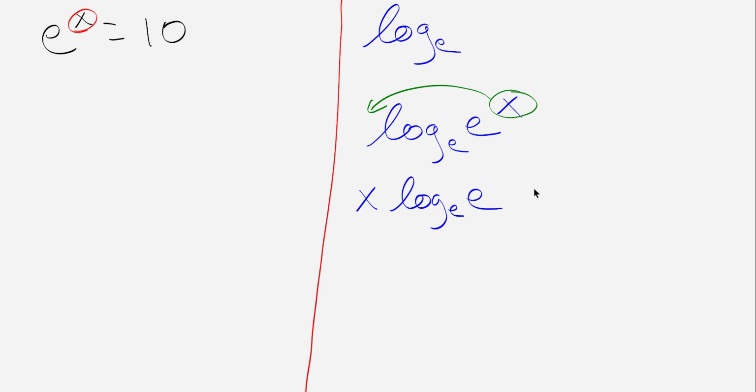Now, what about this log to the base e of e that we see here? Well, we know that the value of this is 1. Why is it 1? Because we're thinking, e to the power of what number will give me e? So if you have log to the base e of e, that's 1. So we're really just left with x times 1, which is simply x.